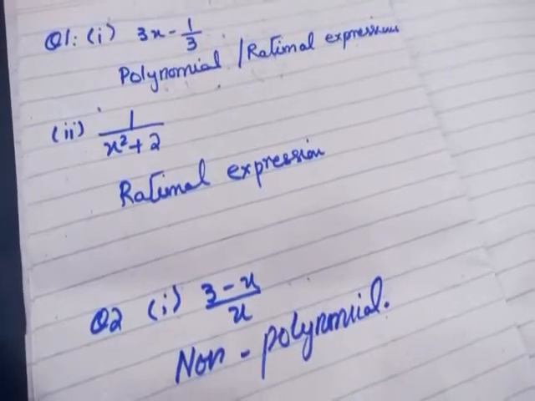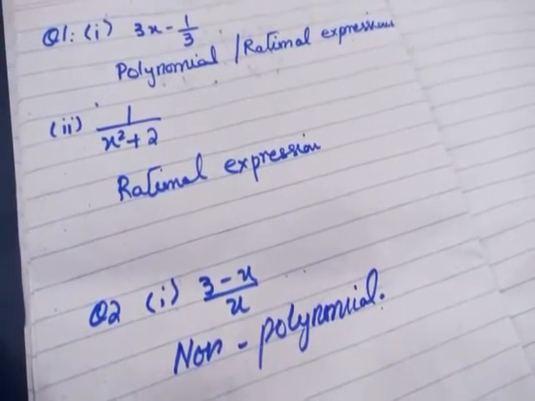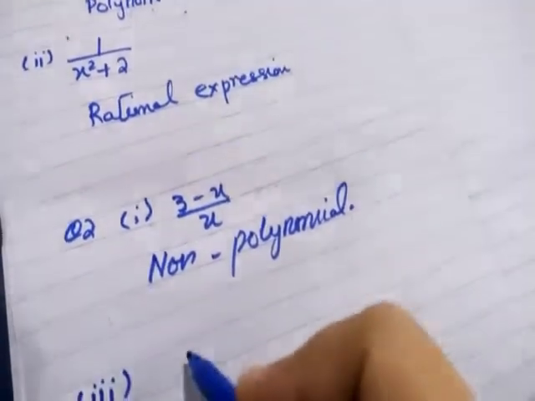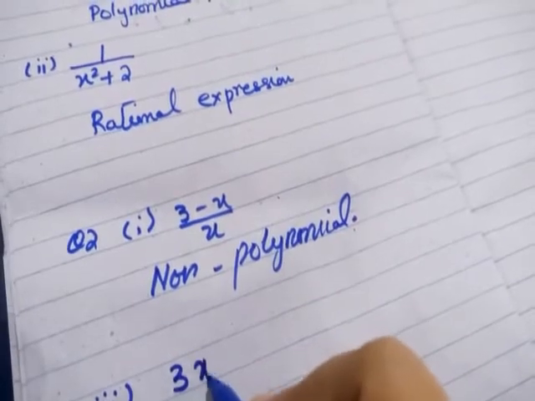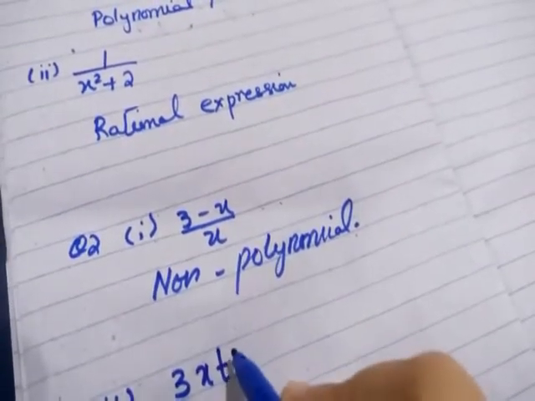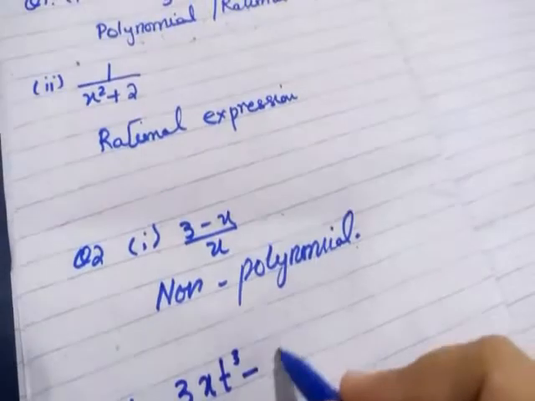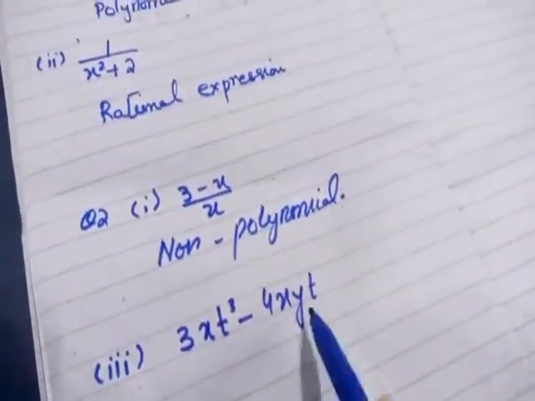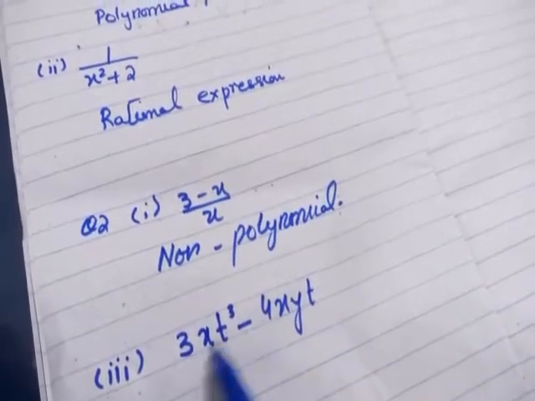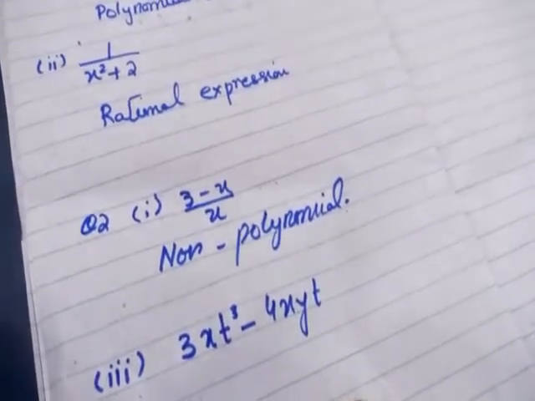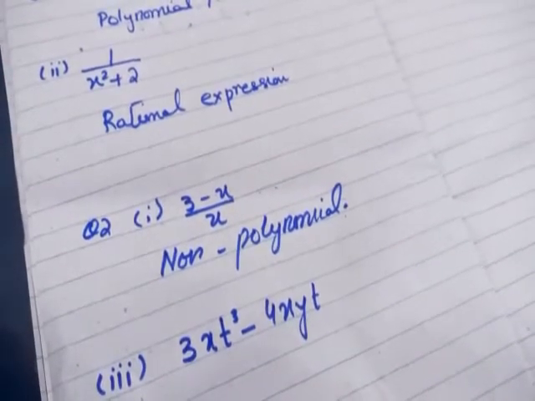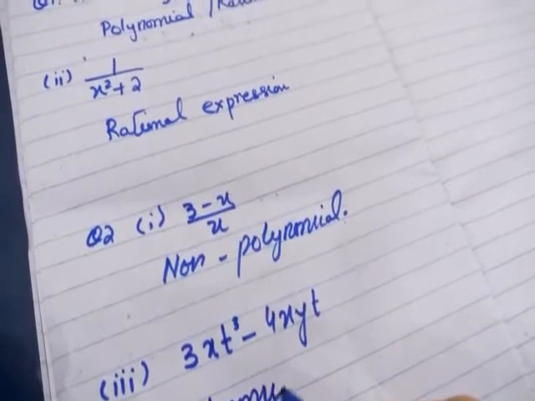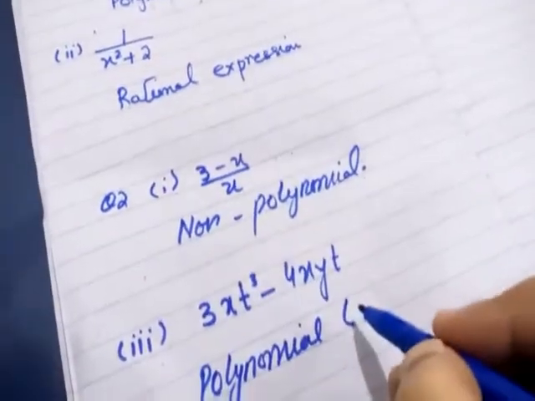Now we discuss the other part of this question 2, that is part 3, where we have 3x t cube minus 4xyt. Now you see both the terms have variables where the powers are positive, so these are polynomial, and you have to write the number of variables here.